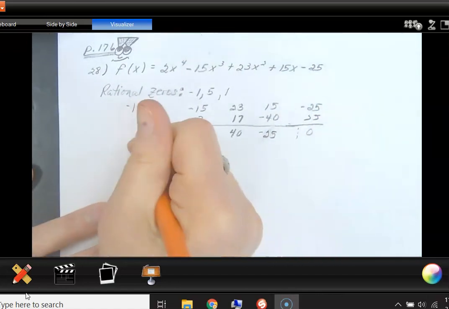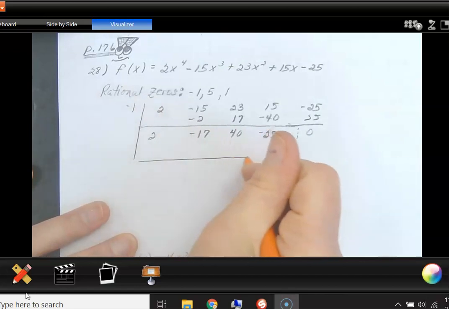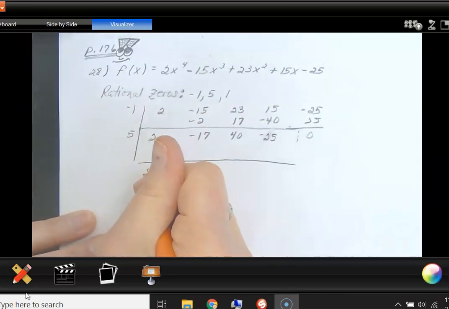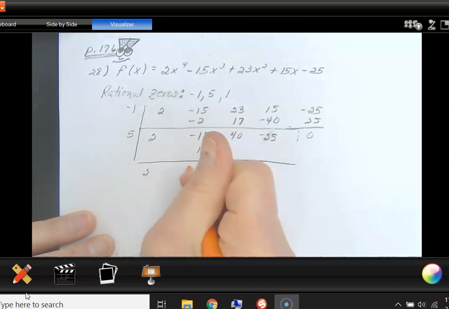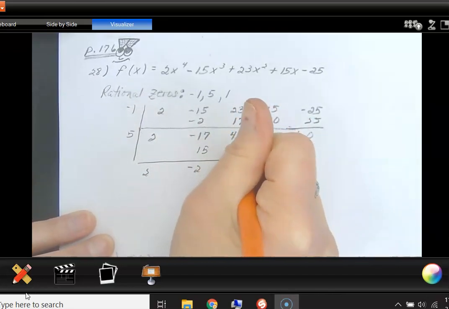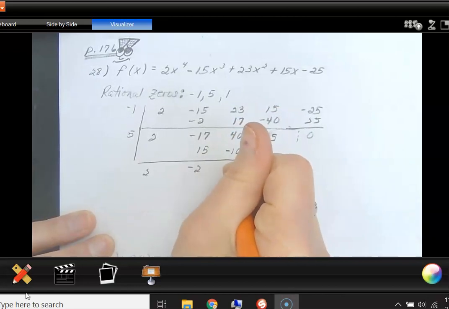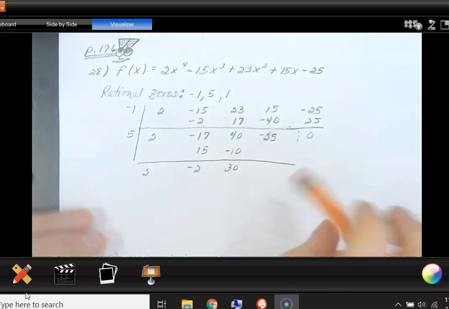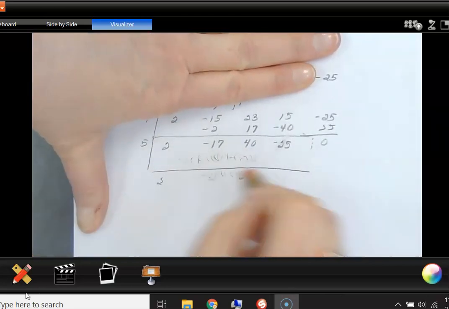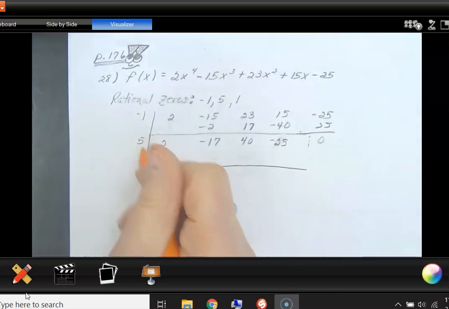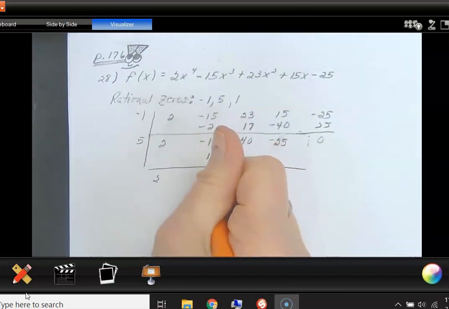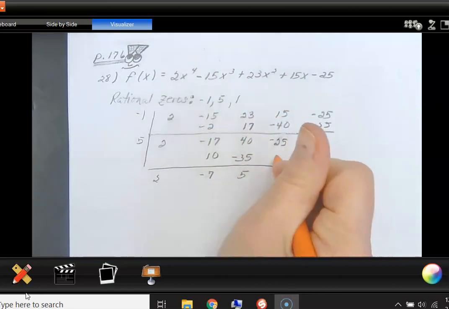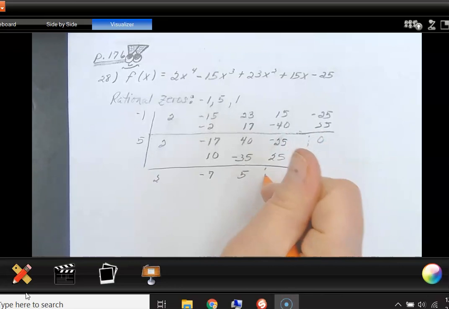Okay, now I'm going to go through and divide by 5. Way to start strong. 2 times 5 is 10. There we go. And there's our remainder of 0.